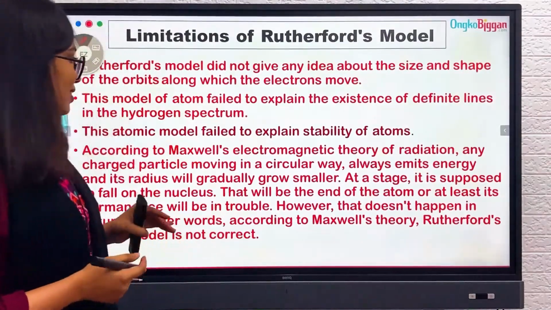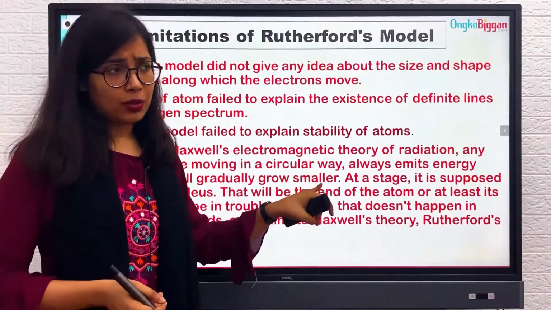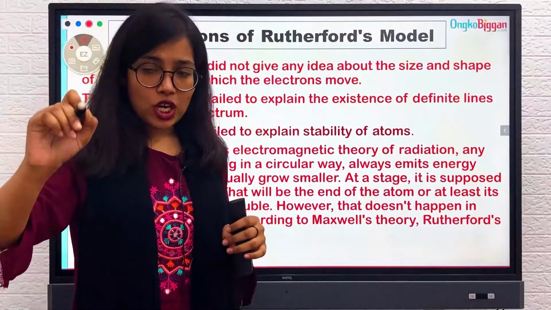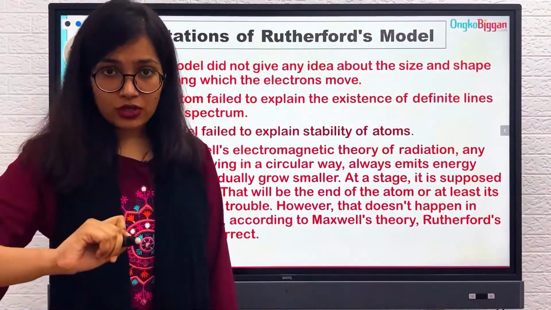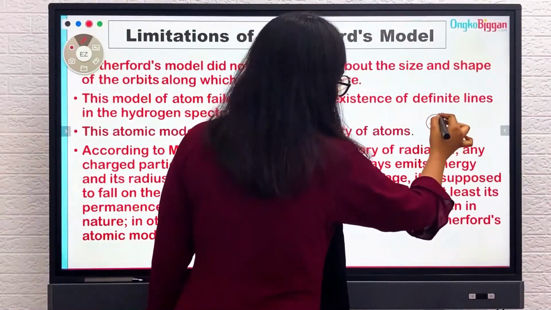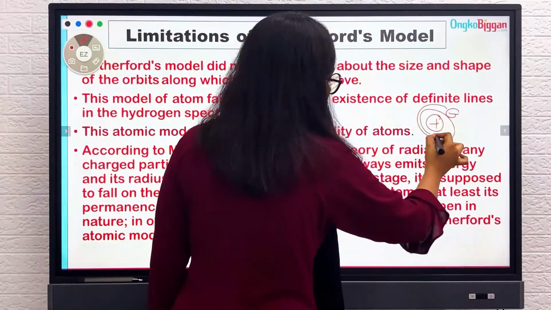Maxwell gave a theory about electromagnetism, and according to Maxwell's theory, if a charge is revolving around another charge, and the charges are opposite to each other, say at the center there is a positive charge and a negative electron is revolving around it, there will be an attraction force.